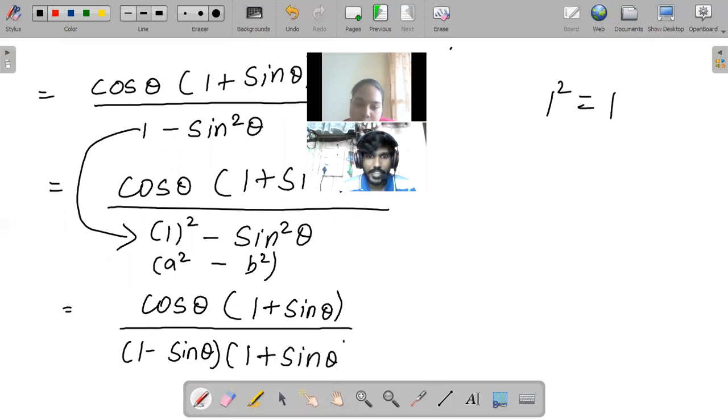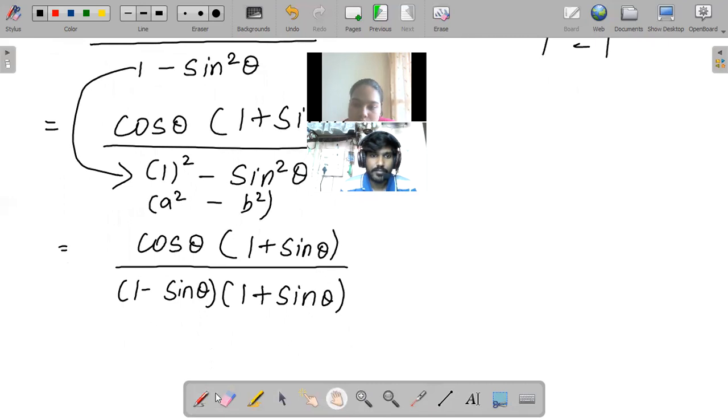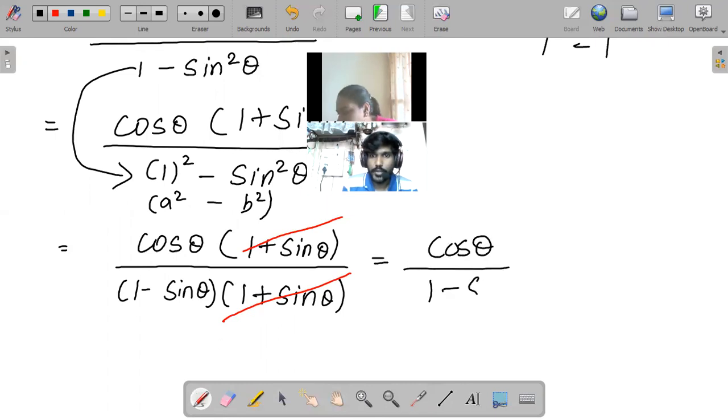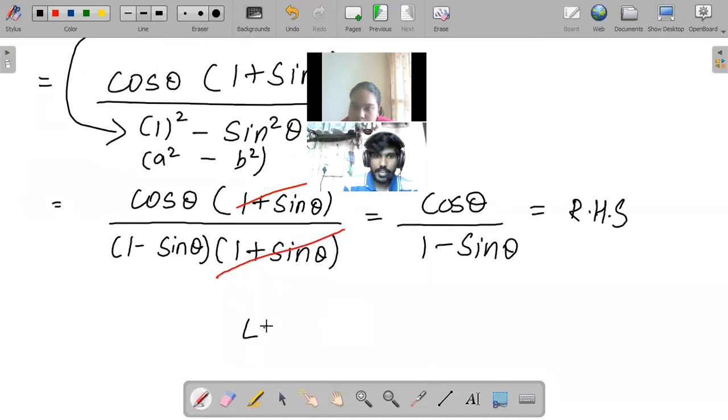Correct. So what will get cancelled? 1 plus sine theta, 1 plus sine theta cancelled. You're left with cos theta upon 1 minus sine theta, which is your RHS. Hence, LHS equal to RHS. Hence, proved.